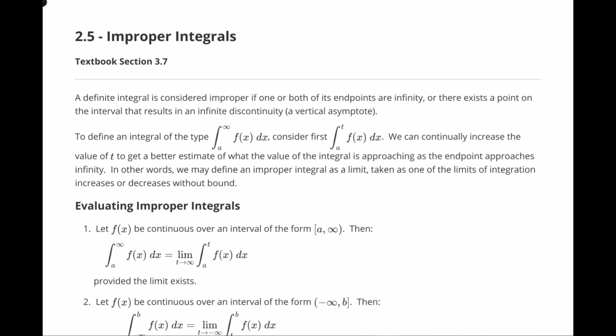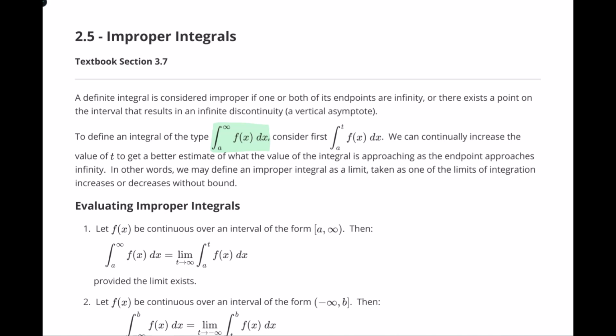So how can these things possibly exist in the first place? Well, consider an integral of this form right here. So I have some integral of a function f of x integrated with respect to x on an interval from the value a up to infinity. So infinity is not a number.